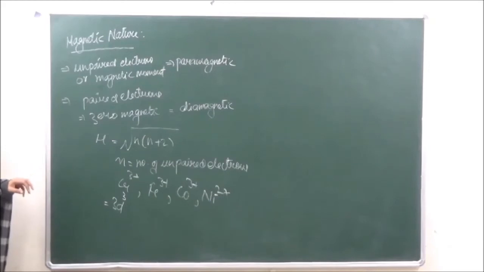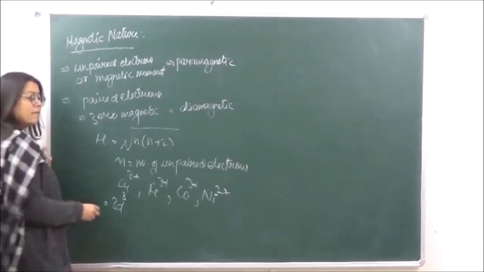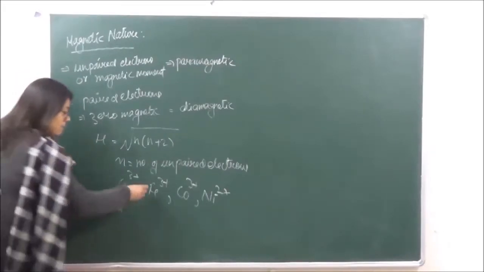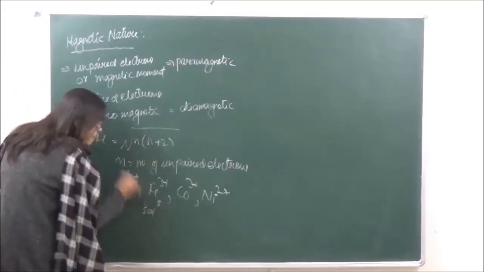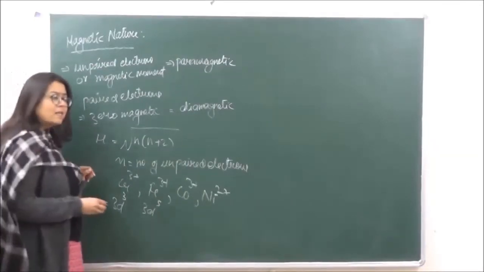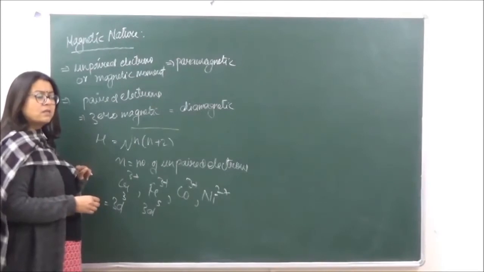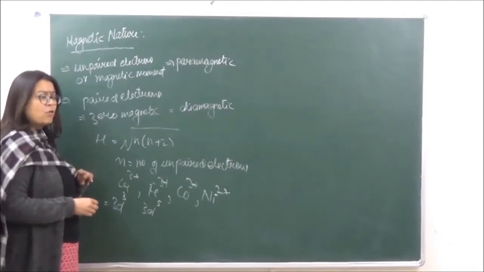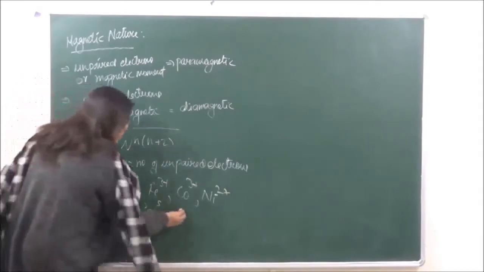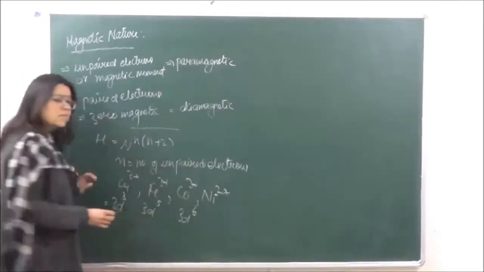When we go to Fe3+, the electronic configuration of Fe is 3d6 4s2, so that means this is going to have 3d5. For cobalt, the configuration is 3d7 4s2, so Co3+ is going to have 3d6.